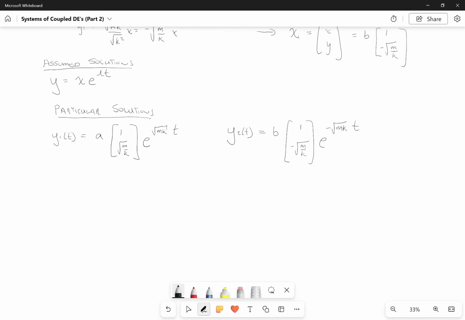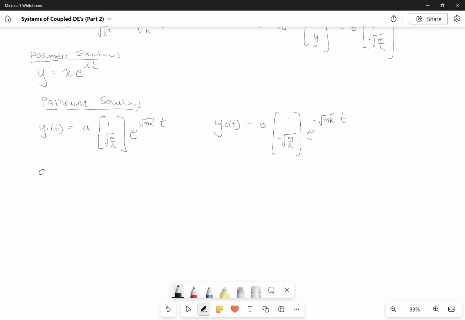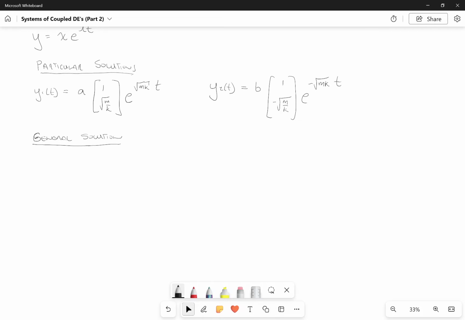And so the general solution is the scaled sum. So the general solution y of t is c1. Now I'm going to bring a into this constant here, so it's all brought under the same constant.